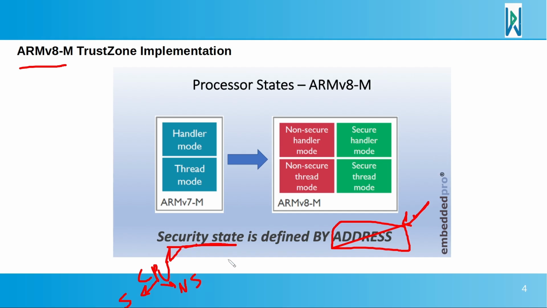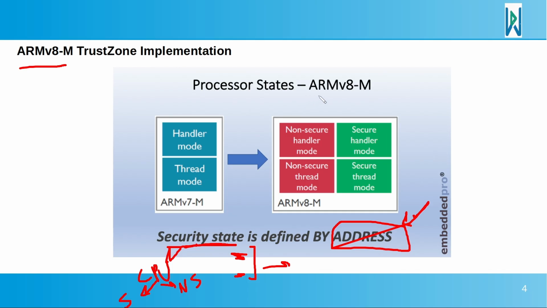This means if we execute the proper instructions to jump back and forth between the different security states, and the destination address has the proper security attribution assignment, then the CPU will be able to switch safely between the different states, secure and non-secure.